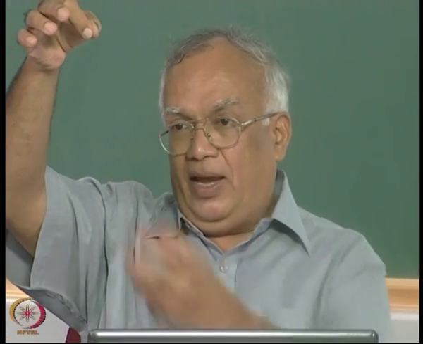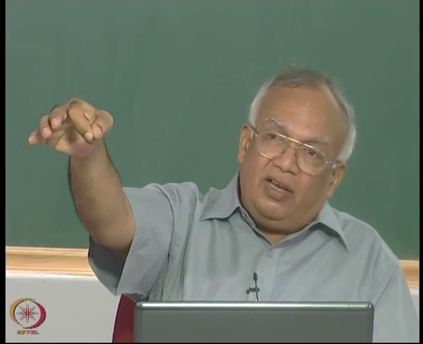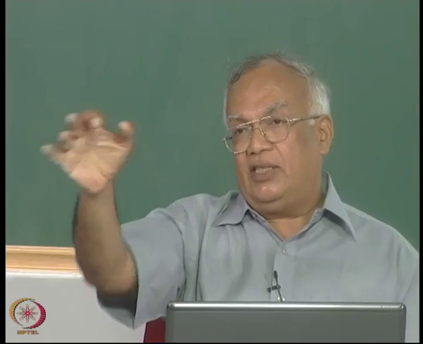You know what a plumb line is, right? I just take a piece of thread and attach a mass to it and hold it in my hands. Vivek is going to construct a plumb line for us, which I will show in the next class. And I define the vertical as that line along which the plumb line orients itself.